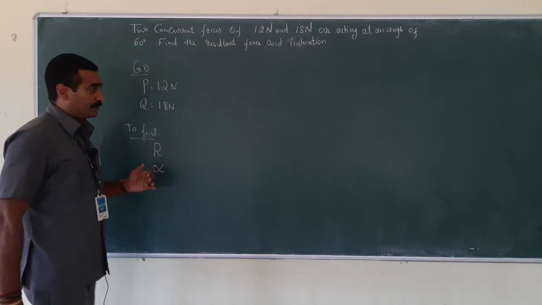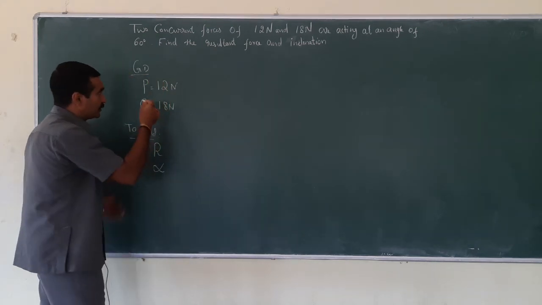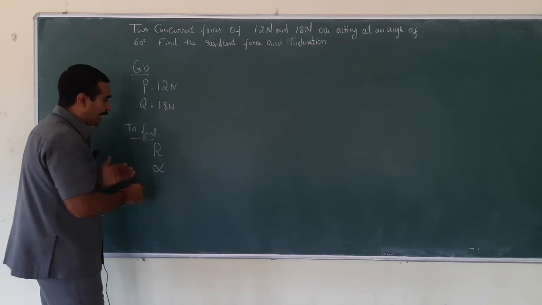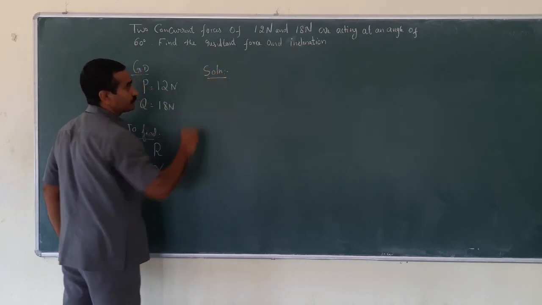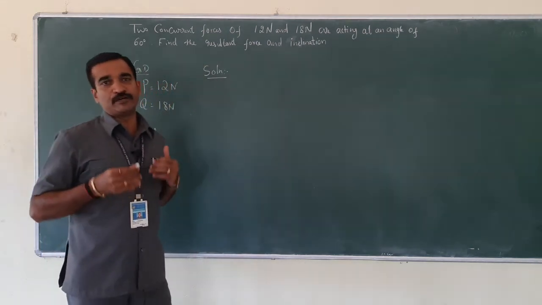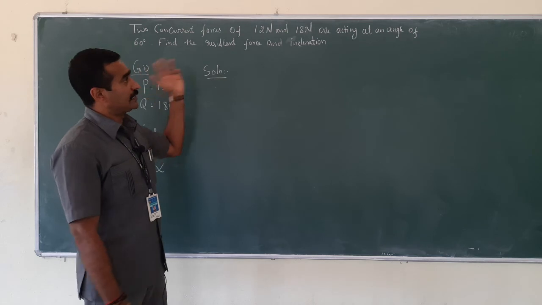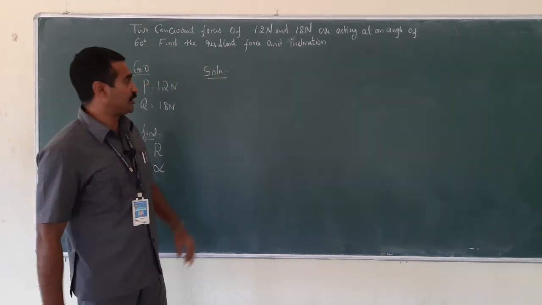Then, solution. After finishing the given data and to find, now to mention the solution. First you need to draw the diagram for better understanding. Here it specifies two forces at an angle of 60 degree.